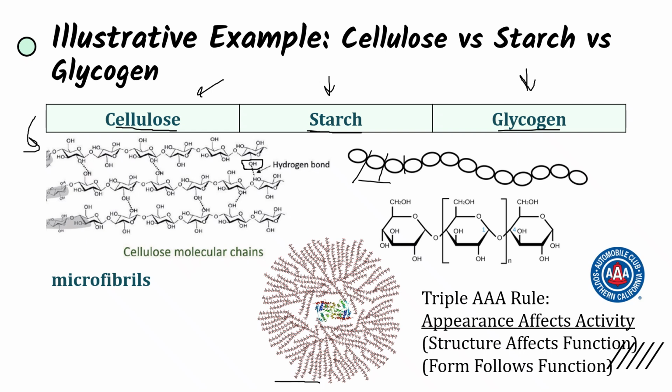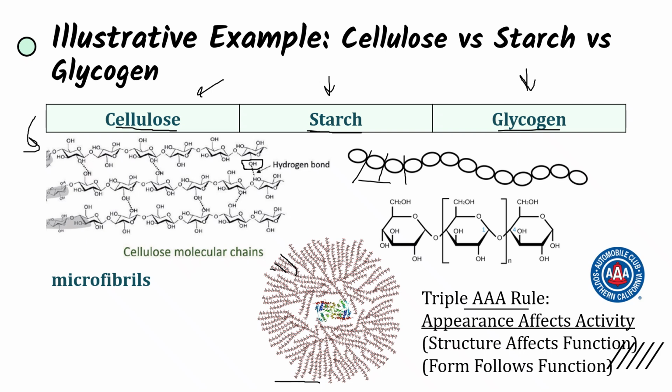When we want to get this energy back from the starch or glycogen that we've stored, this structure allows for easy cleavage, which allows the release of energy from these bonds. Same thing for glycogen. All of these branches are made so that they can be easily snapped off. You can easily break the bonds between them because they're just branches. There's no interlocking structure.